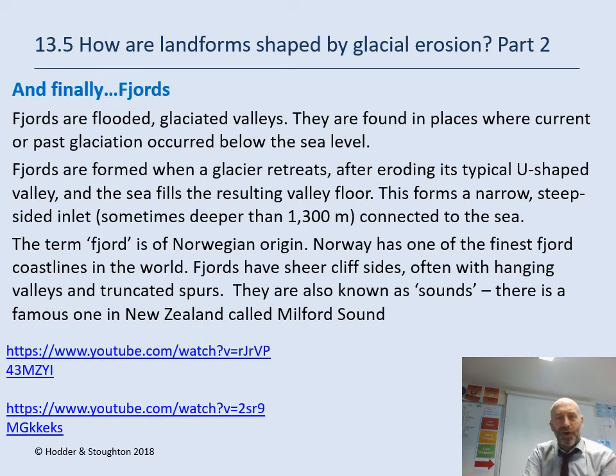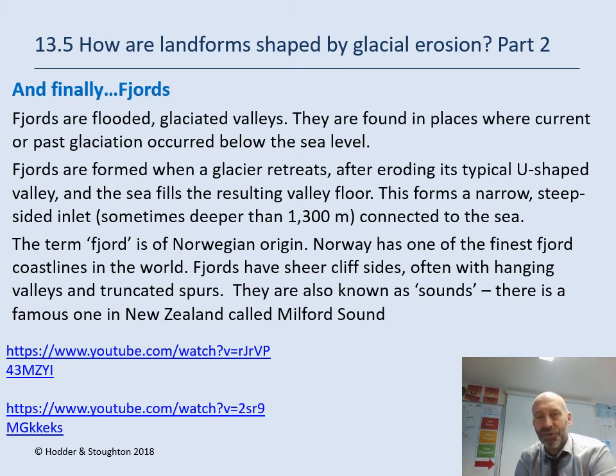Okay, so final thing for us to think about this lesson is something called fjords. Now these are really cool. So fjords, it's a Norwegian word, and they are flooded glaciated valleys. And they're found in places where current or past glaciation occurred below the sea level. So when the glacier retreats, when its ice age finishes and it starts to melt, it leaves that typical U-shaped valley.